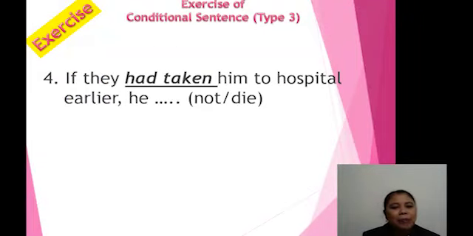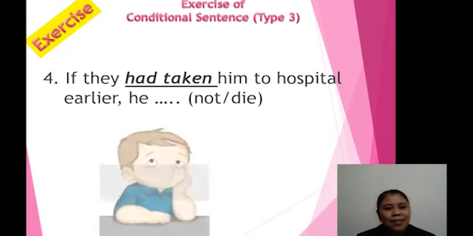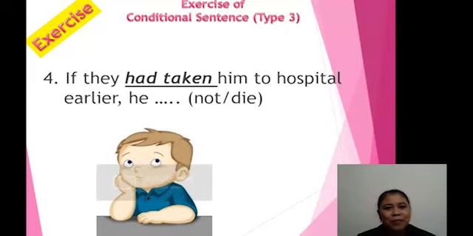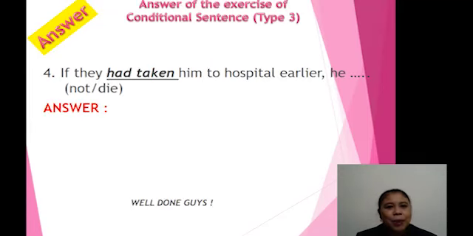Now exercise number 4. If they had taken him to hospital earlier, he not died. Think about the answer. Are you done? Okay, let's check the answer. If they had taken him to hospital earlier, he not die.